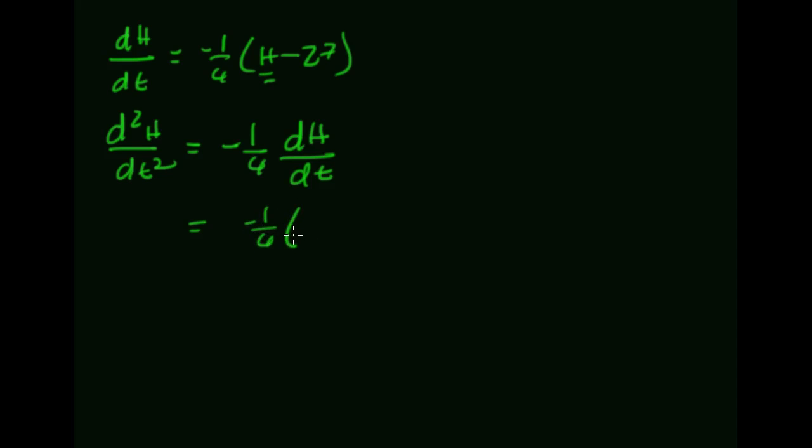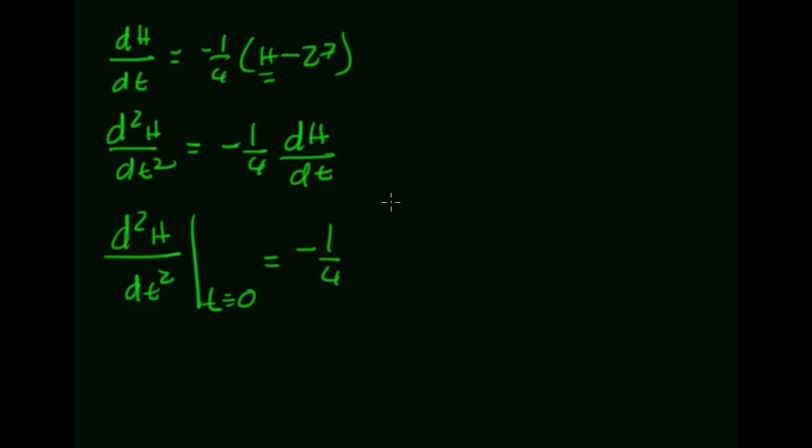We don't have to do a whole lot of work there because we want specifically what this value is at the point of approximation, which is when t is 0. So this is going to be -1/4, and we know that dh dt at time 0 is -16. We found that above. So that means this is going to give me 4, which is bigger than 0, which means I am concave up at this point.